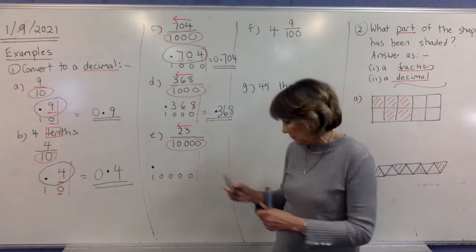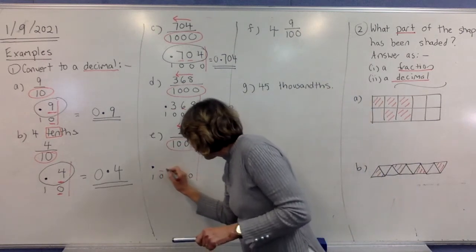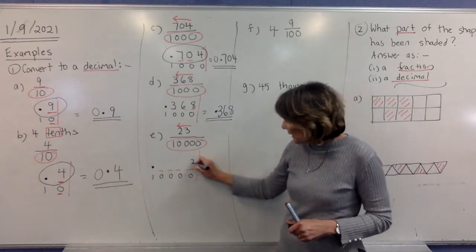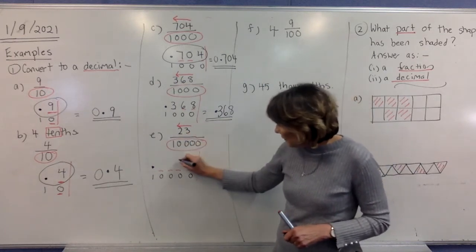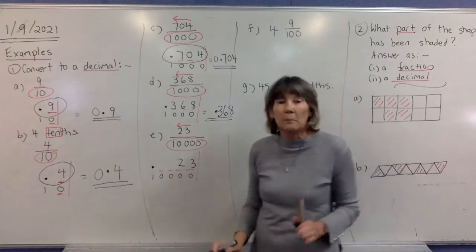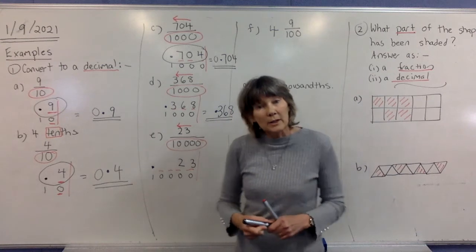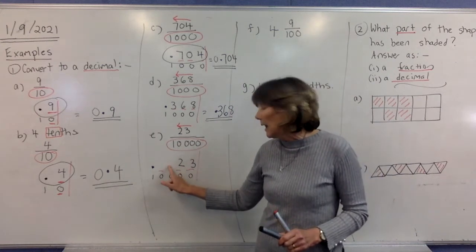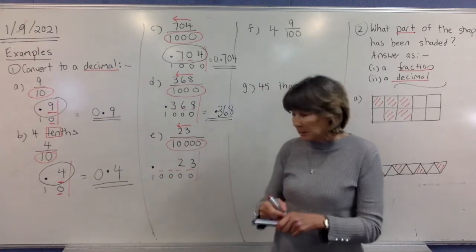Let me just fill in these spaces above the 0 so we can see what we're doing. The 3 is going to go in here at the end. The 2 goes in front of it. Now in this question you'll notice we haven't filled up all these spaces. That's why I want you to start at the end here, because it doesn't fill them all up, and when that happens we're going to put zeros in those positions.